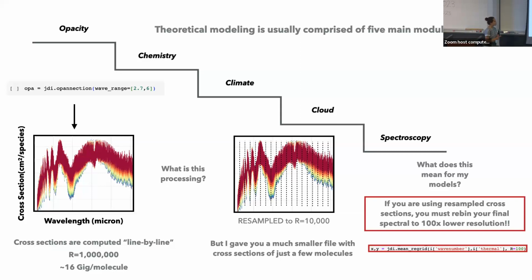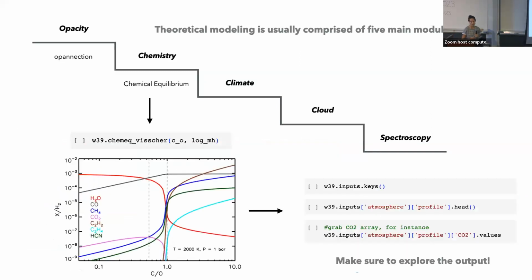And you'll also notice, when you're resampling cross sections, you have to rebin your final spectra to about 100 times lower. And so you'll notice throughout this tutorial that you're constantly using this mean regrid method to bin your data down to about an R of 100, which is what the WASP-39 data is sampled at.